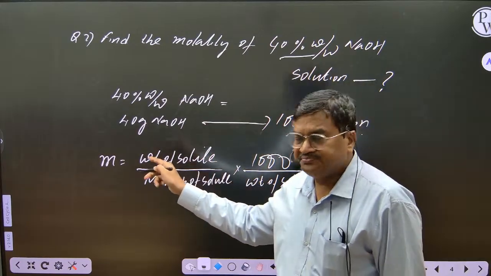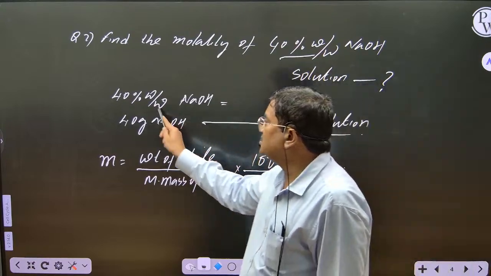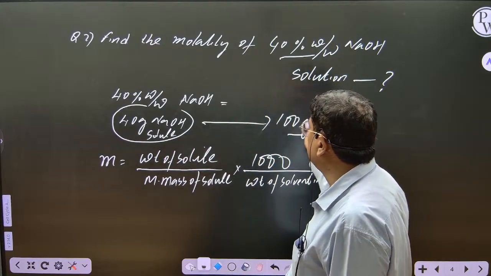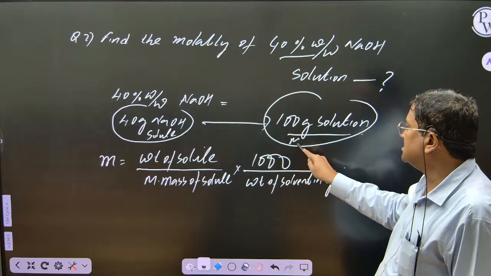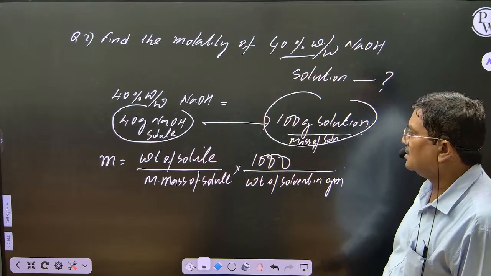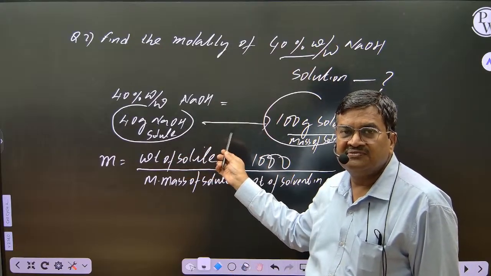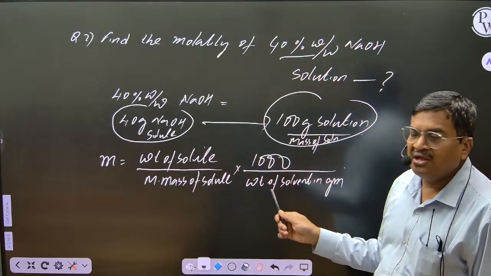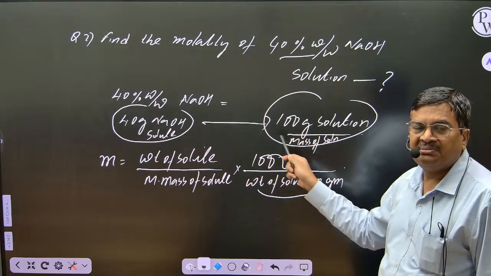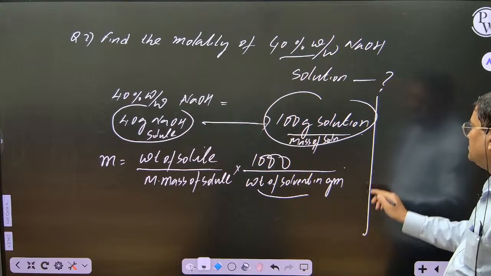Do we have the weight of solvent directly? No, no. So the mass of solute, you know. This is the mass of solution. So how do you get the mass of solvent? From the solution, subtract the weight of solute. That will give the weight of solvent. Are you following? So here, as we require the weight of solvent, what do we do? From 100 subtract 40. That gives the weight of solvent. So I am writing here the weight of solvent.